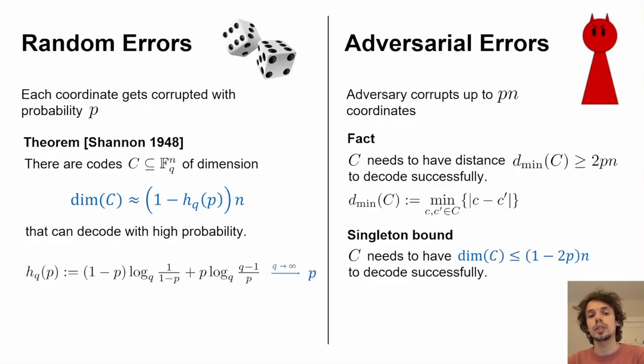And for comparison, with the random error case, when q tends to infinity, so for very large alphabets, the best you can do for random errors is 1 minus p, because this q-ary entropy function h_q of p tends to p as q goes to infinity. So at least for very large alphabets, you can recover twice as many random errors as you can adversarial errors.